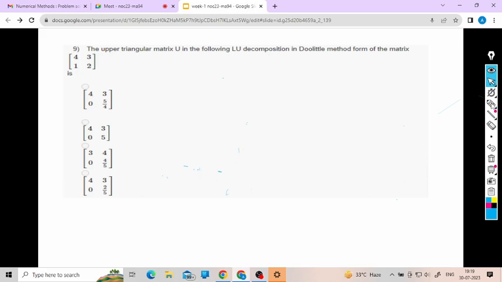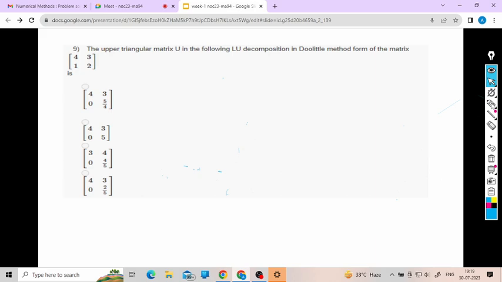Any doubt? Yes, ma'am. My question is, LU means lower triangular and upper triangular matrix multiplied. Should we first write the upper triangular and then the lower triangular?